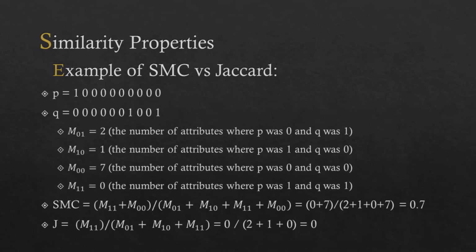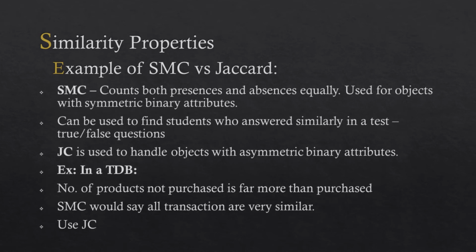Next is Jacquard. The formula is M11 over M01 plus M10 plus M11. So here we also get the value: 0 over 2 plus 1 plus 0 is equal to 0. Here is another example.